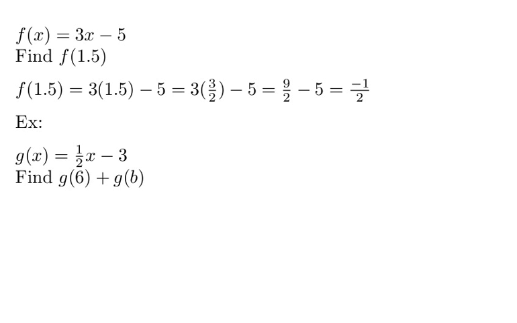So g of 6 equals 1 half times 6 minus 3. 1 half times 6 is going to be 6 halves, which is going to be 3.